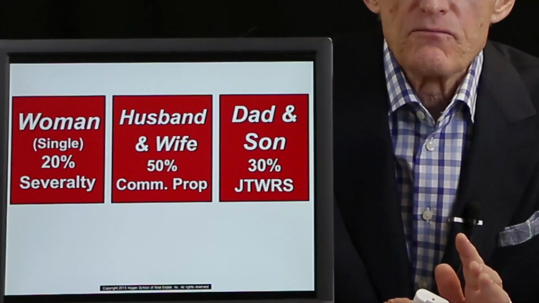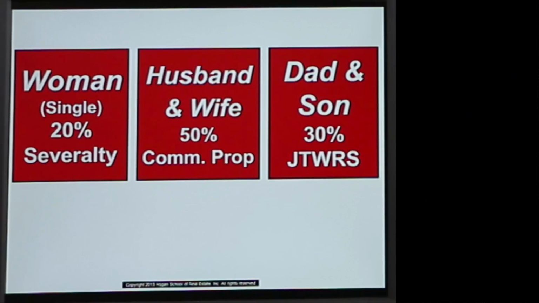And let's say we have a father and a son who also want to put up 30% of the money, so they buy 30% of this property, but they want their 30% interest to be held between them as joint tenants with the right of survivorship. So individually, we have three separate and distinct interests, and these interests are undivided.